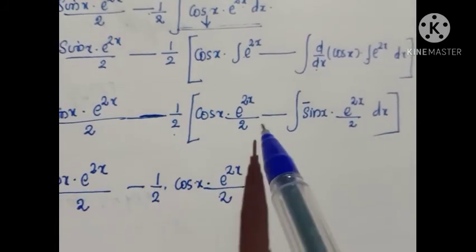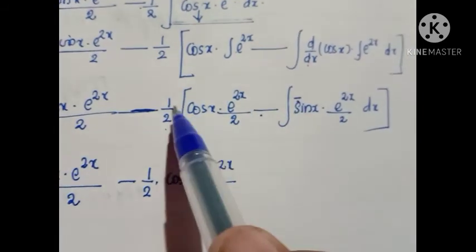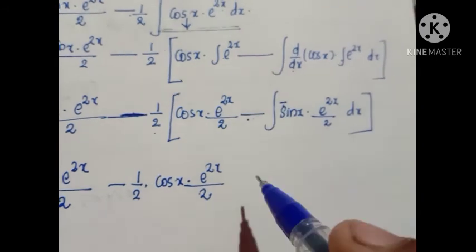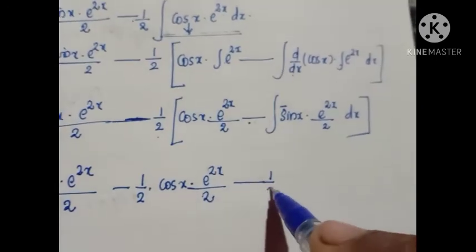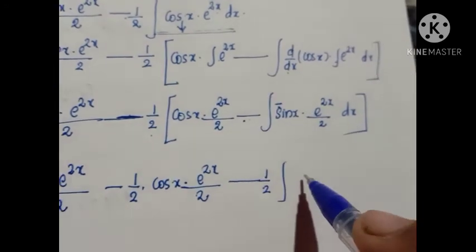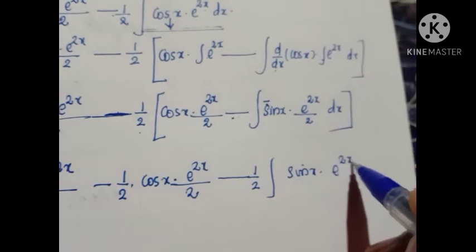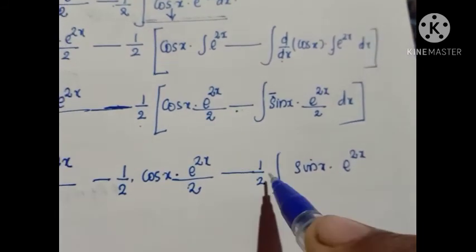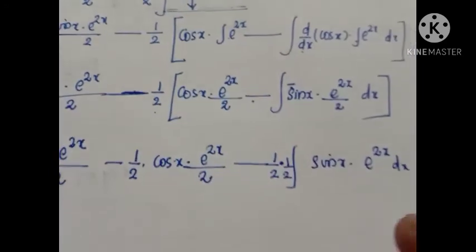Now minus into minus plus. Here there is a minus sign. So minus into minus into minus. It is minus 1 by 2 into integral sin x into e raised to 2x by 2. Take this 1 by 2 outside. dx. Is it clear?